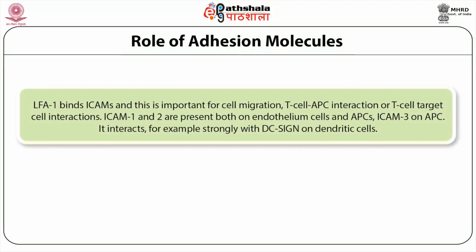LFA1 binds ICAMs, and this is important for cell migration, T cell APC interaction or T cell target cell interactions. ICAM1 and 2 are present both on endothelial cells and APCs. ICAM3 on APC interacts, for example, strongly with DC-SIGN on dendritic cells.